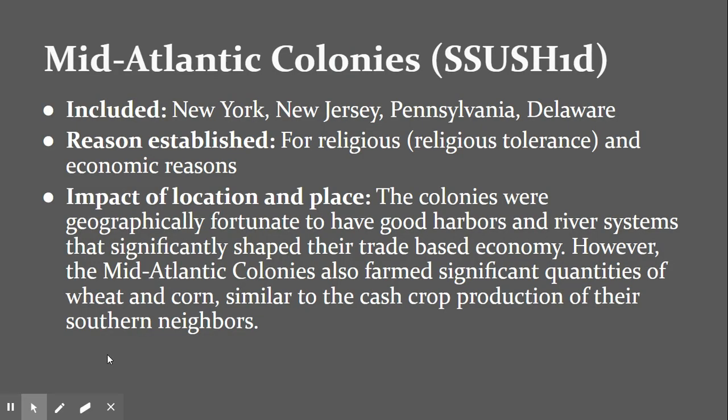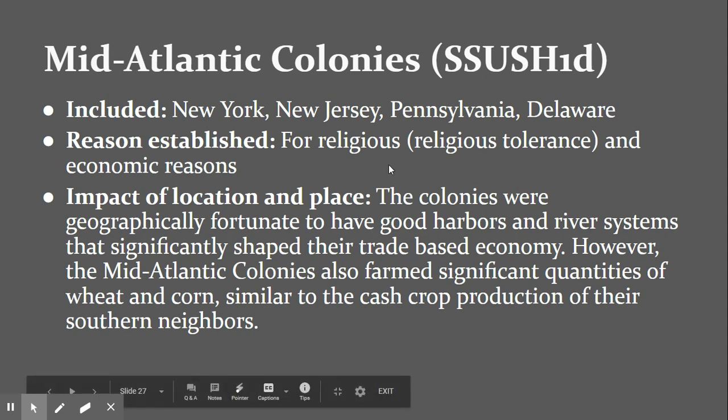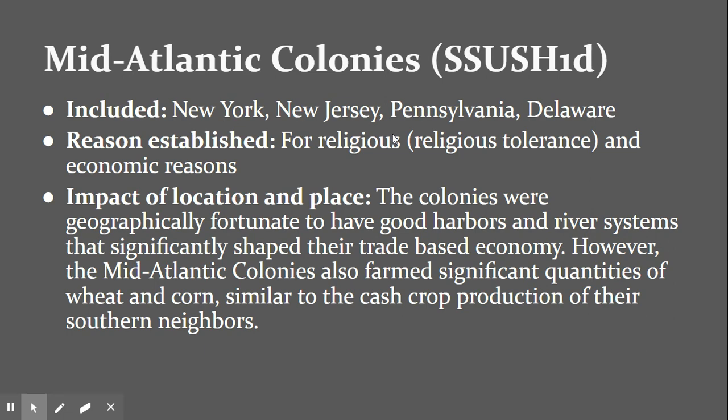So the Mid-Atlantic colonies are going to have New York, New Jersey, Pennsylvania, Delaware. The reason it was established was for religious tolerance, because where they come from, they were persecuted. A lot of these places are actually going to be formed because they're being looked down upon by the colonies they were already in, because some people weren't as hardcore religious.